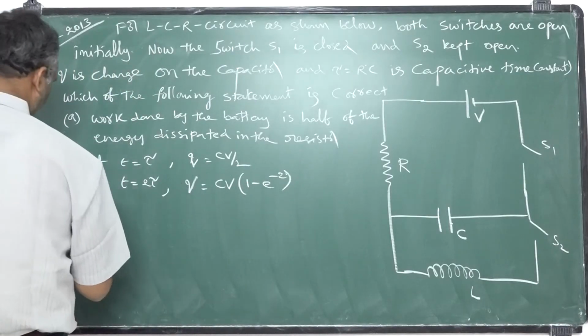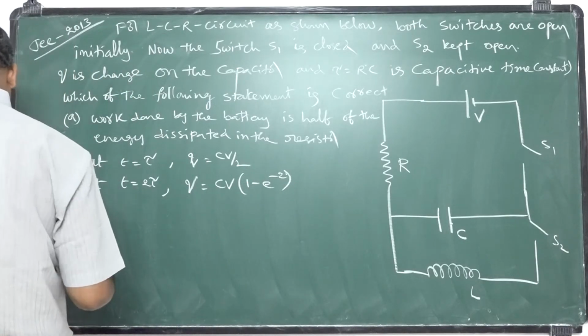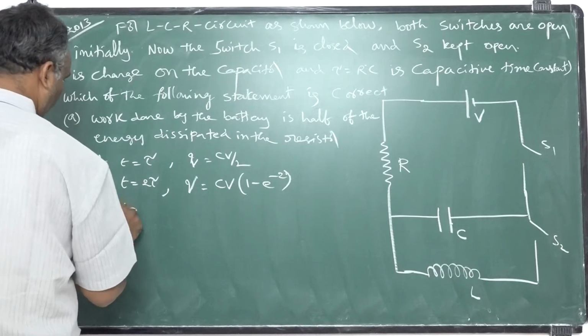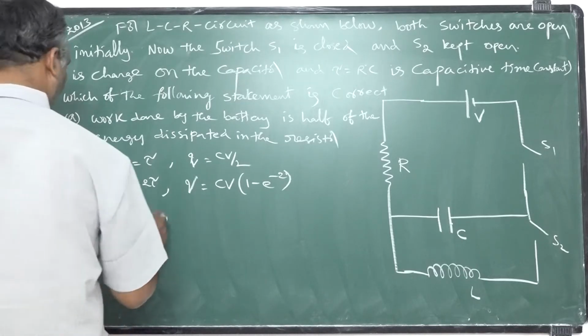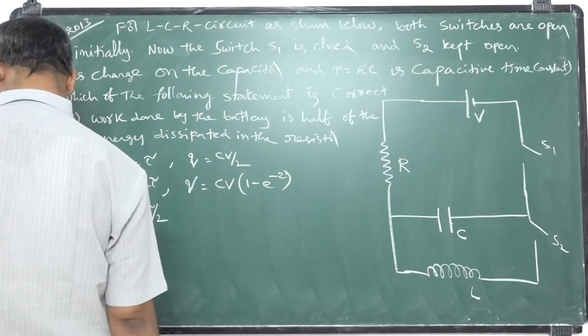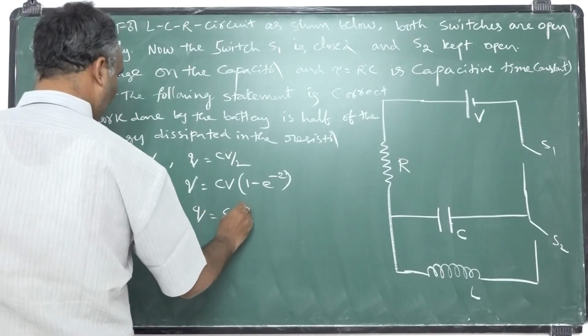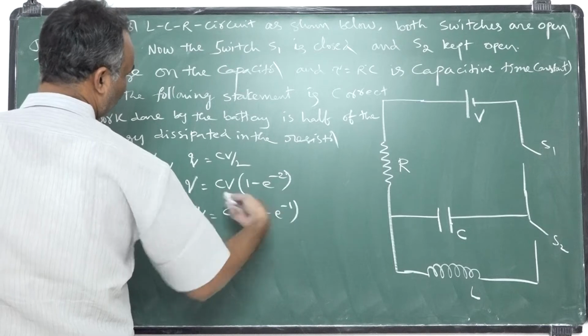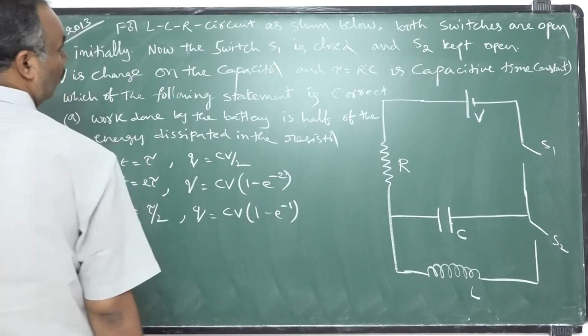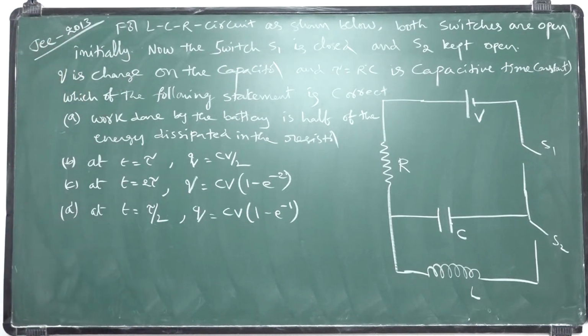And fourth option, at t is equal to tau by 2, Q is equal to CV into 1 minus e power minus 1. These are the four options given in the problem. We need to find the solution.